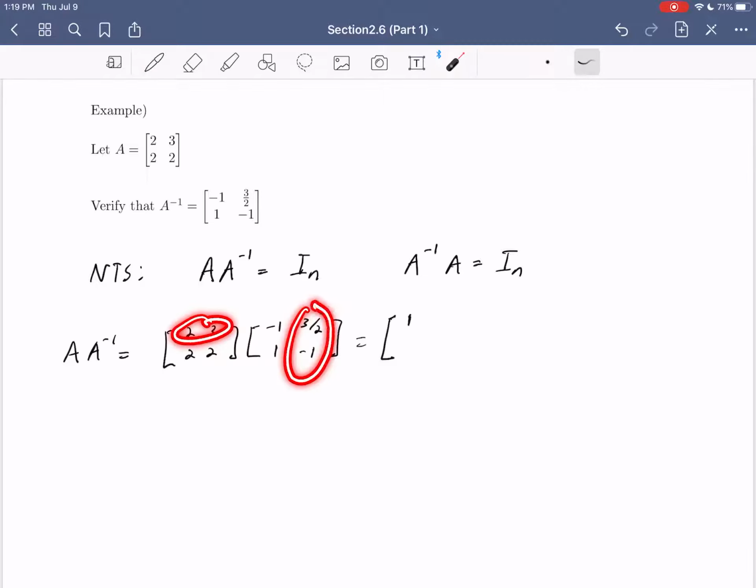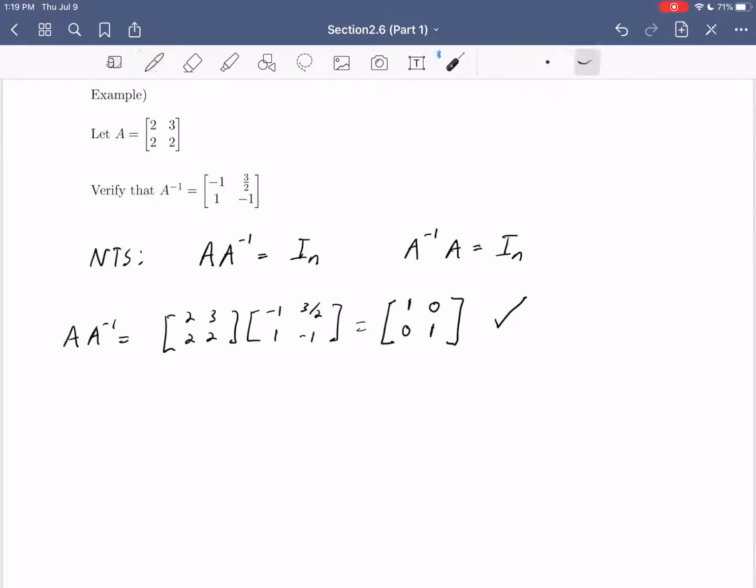This row times this column gives us a 3 and a negative 3, which when we add up is 0. This row times this column gives us a negative 2 and a 2, which when we add up gives us 0. And then this row times this column, we get a 3 and a negative 2. Adding those together, we get 1.